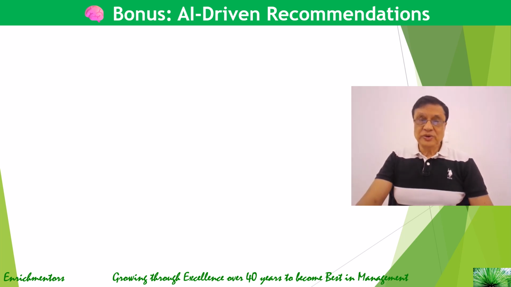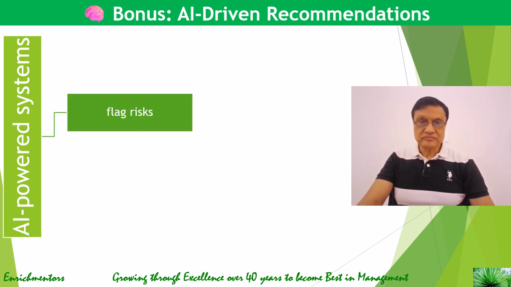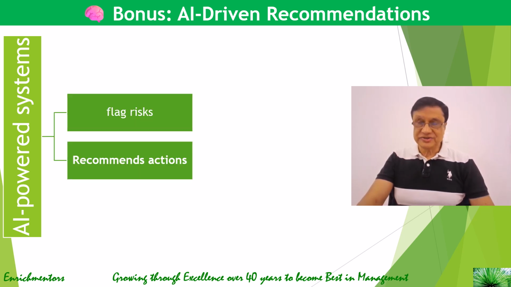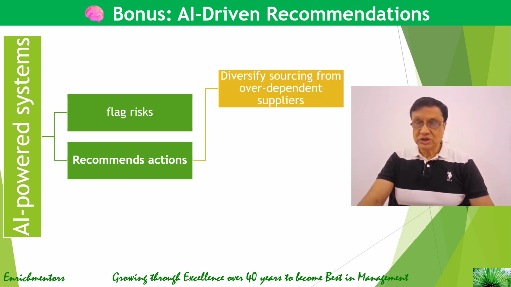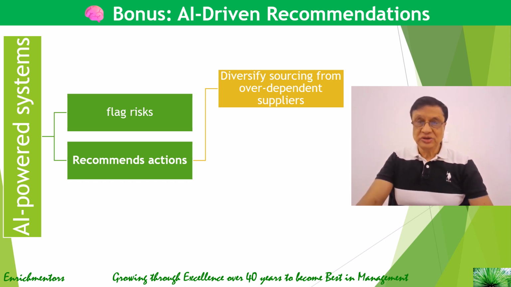Let's look at a few AI-driven recommendations. AI doesn't just flag risk, right? It recommends actions. It recommends actions like diversifying sourcing from over-dependent suppliers. So it will identify suppliers on whom you are over-dependent and ask you to consider diversification.